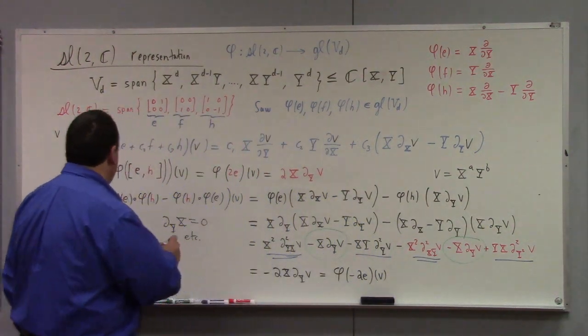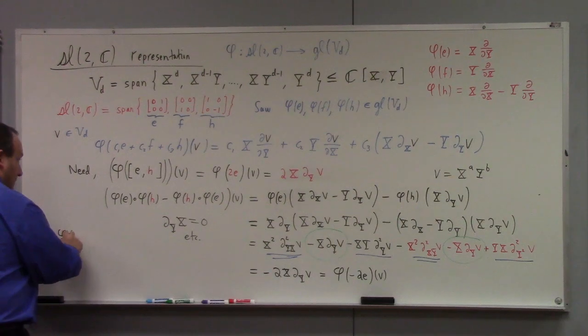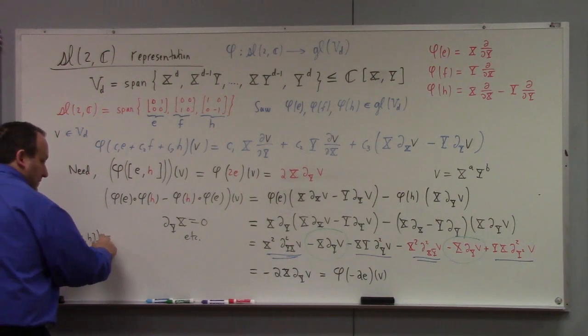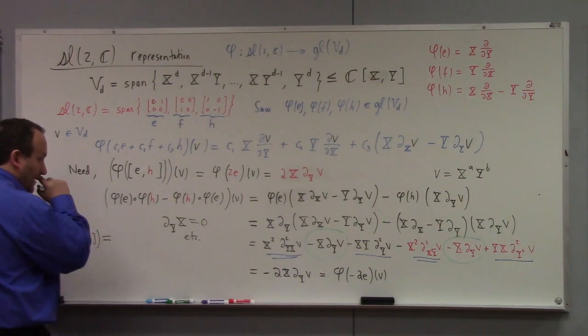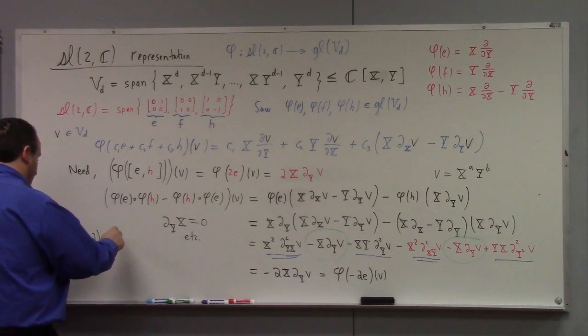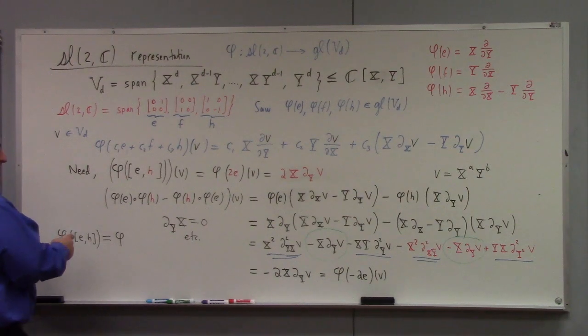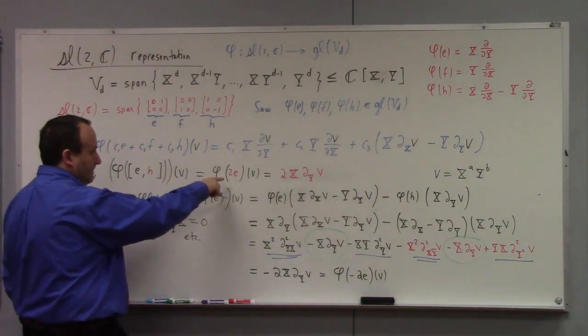So we have shown that phi of EH is equal to minus 2e? So EH is actually equal to minus 2e?